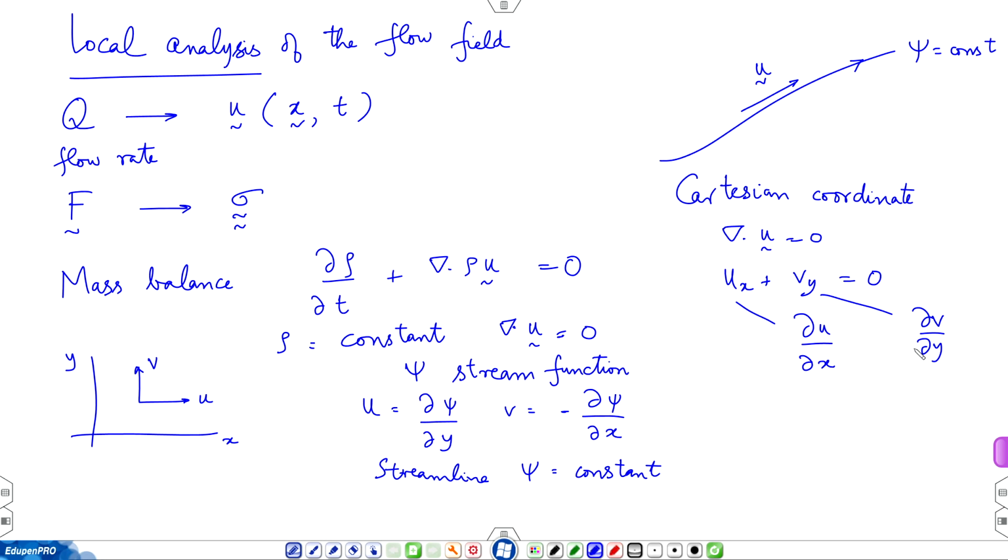Del dot u equal to 0 is in coordinate free form. So, if you want the expression in any other coordinate system, you have to define your del operator and the velocity vector in that coordinate system. So, if you go to a polar coordinate, polar is r theta, cylindrical would be r theta z, then you also have spherical. Okay. So, spherical is more complicated algebraically.